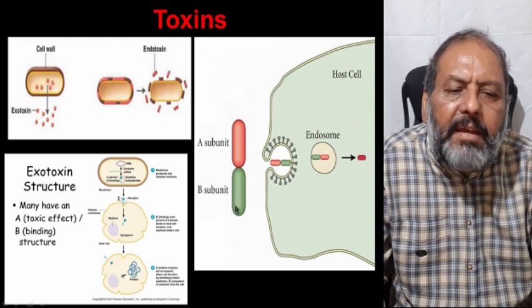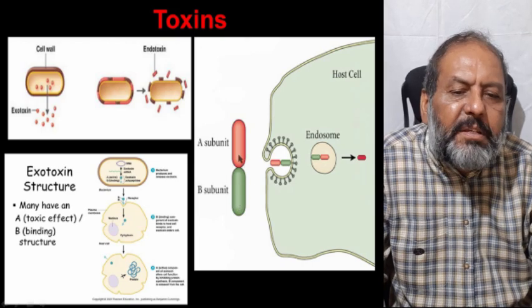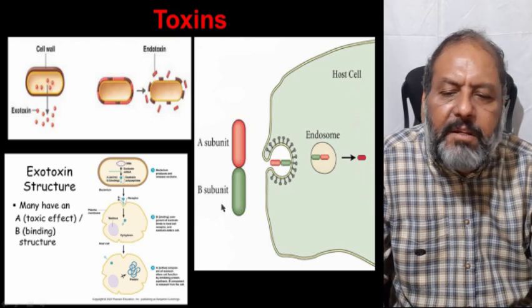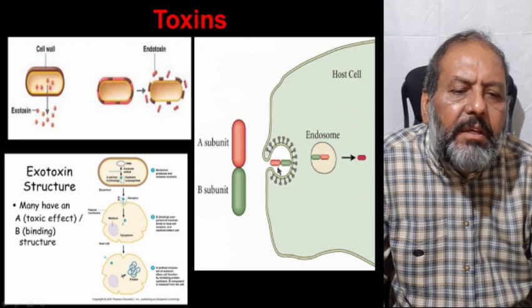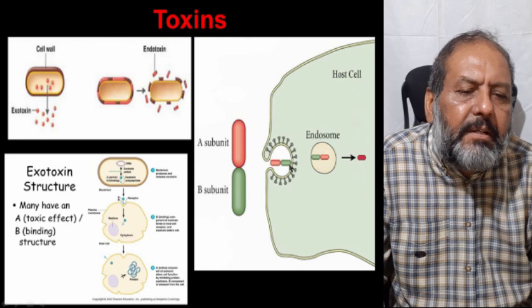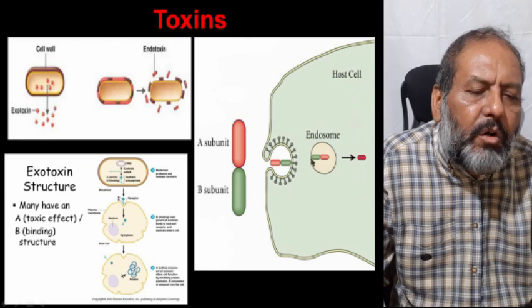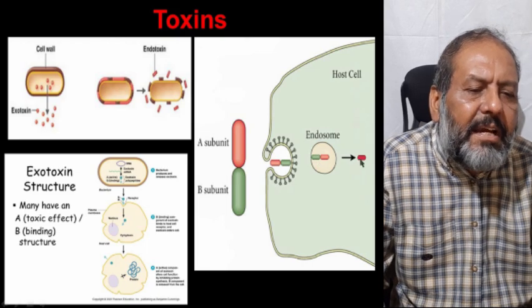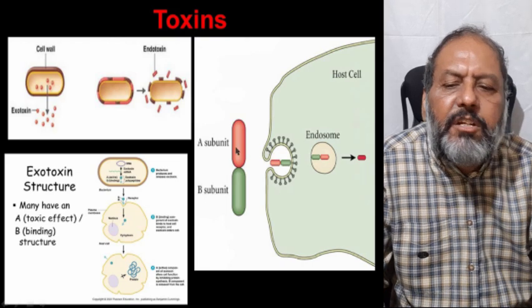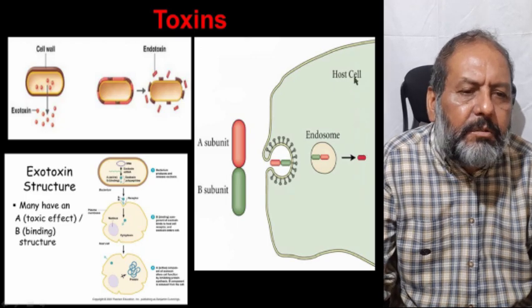The A subunit is the toxic substance which is going to cause damage, but the B subunit is the binding structure. The B subunit attaches to the host cell and gets taken in by endocytosis, and in the endosome the A subunit, which is the exotoxin, is released and causes damage to the host cell.